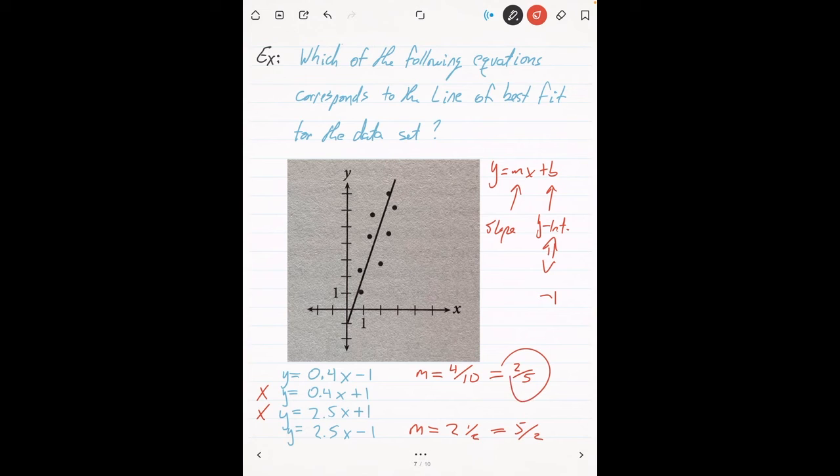So notice that, oh, look at that. They're basically reciprocals of each other. So you can decide now which of these is the more appropriate slope.